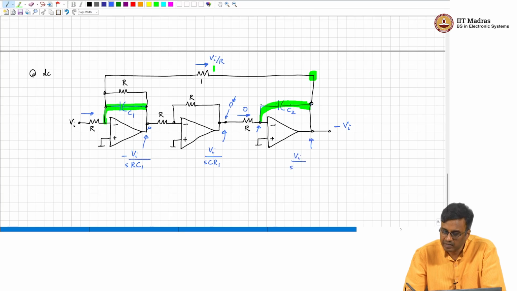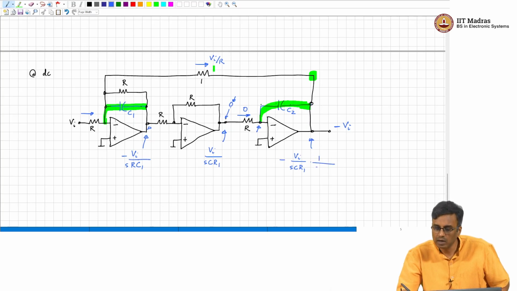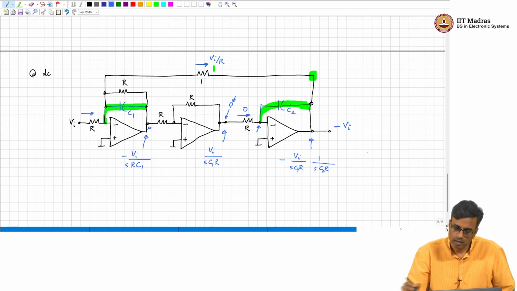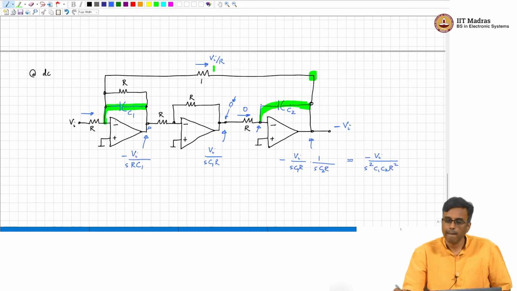Vi by SC1R times the transfer function of the integrator at high frequency, which is minus 1 over SC2R. So, approximately at high frequency, this will be minus Vi by S square C1 C2 R square, correct, which also comes out from the expression.